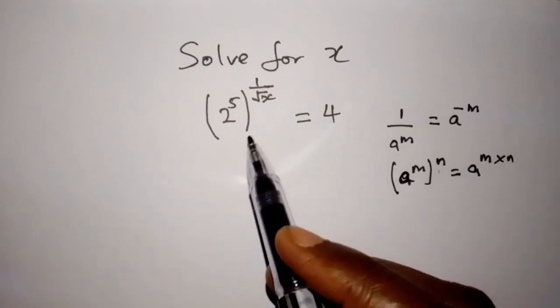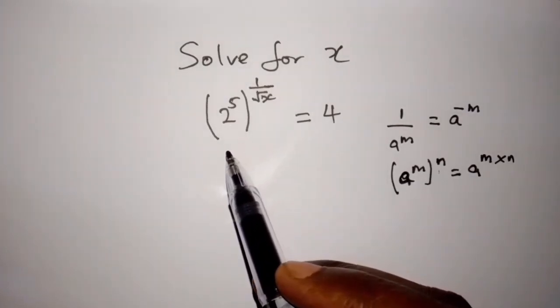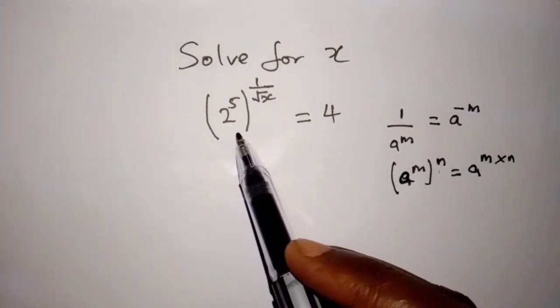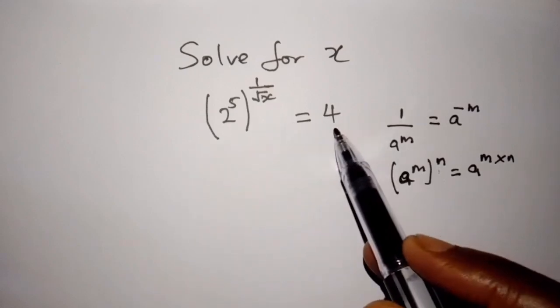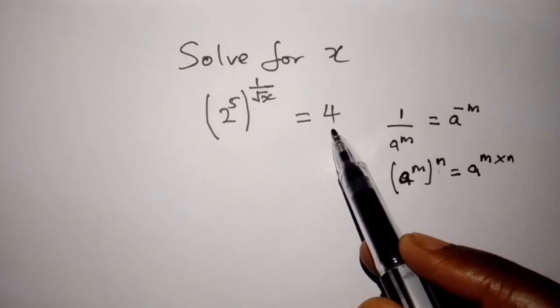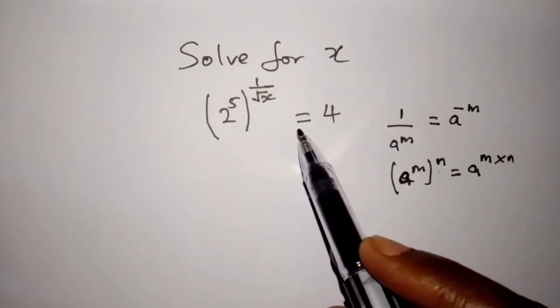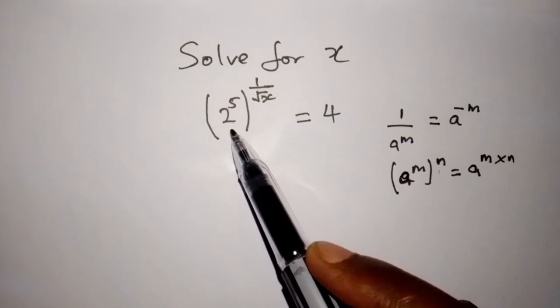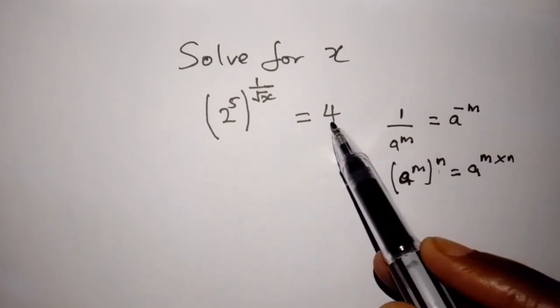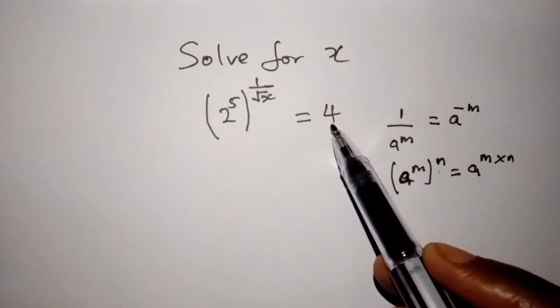So now we want to introduce common base on the left hand side and on the right hand side. We want to introduce common base 2, so that this is base 2 and here also base 2. We can make 4 to be 2 power 2.